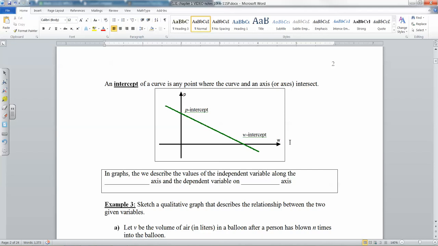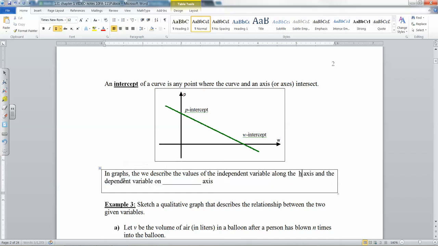So in graphs, the way we describe the values, that's a typo, we describe the values of the independent variable along the horizontal axis. Some students think the x-axis, and I know what you're getting at, but it's the horizontal, it's the x-axis, right? So when you think of x, you're thinking of horizontal. That's your independent variable.